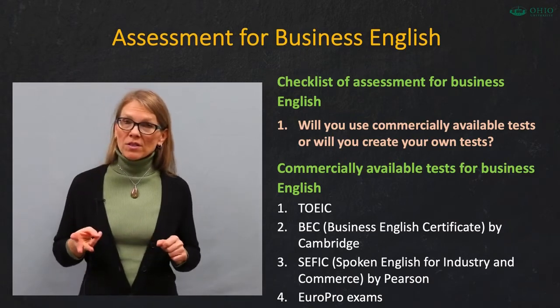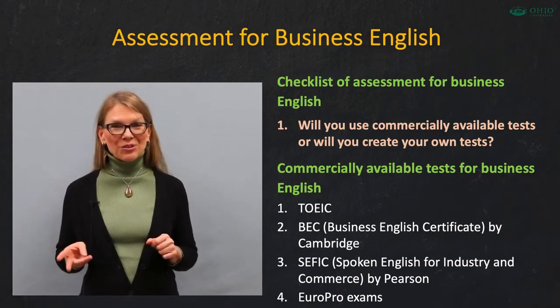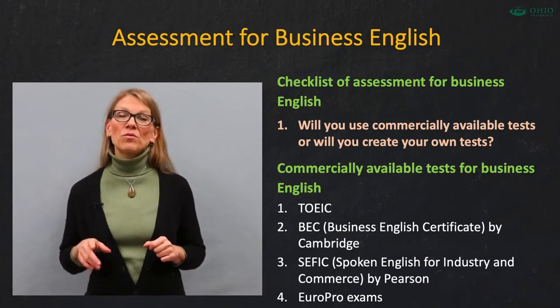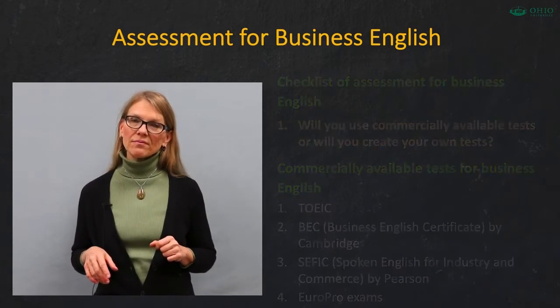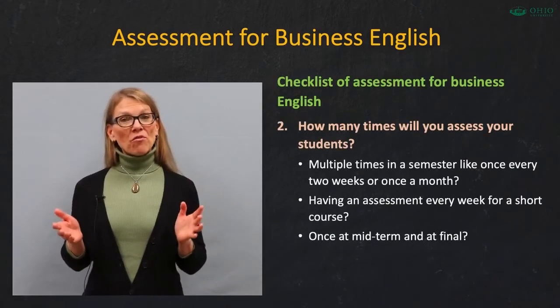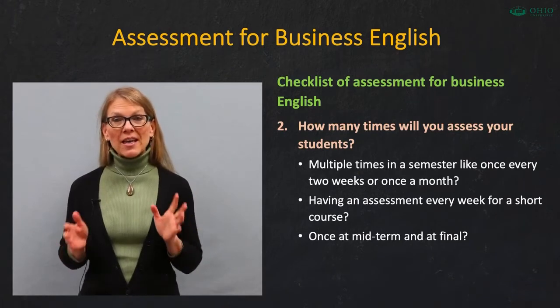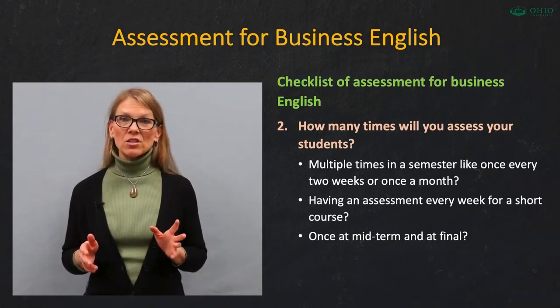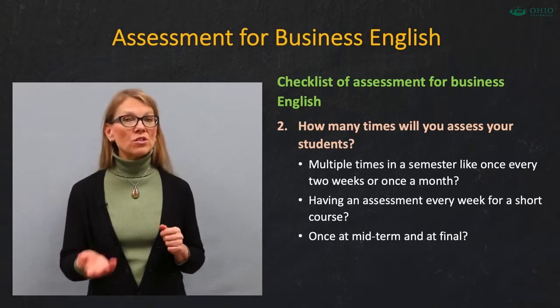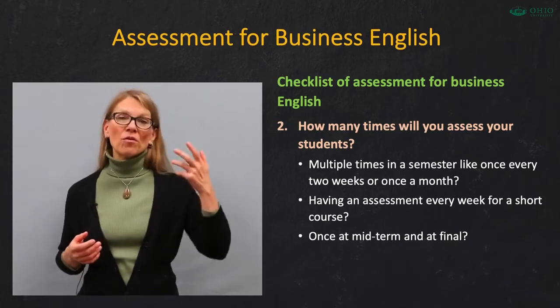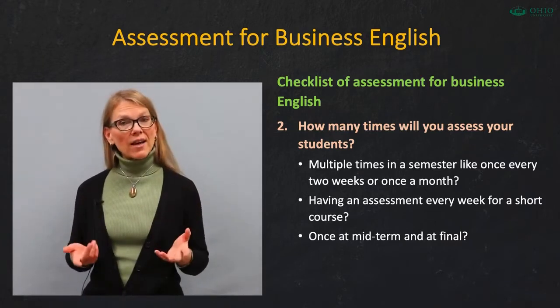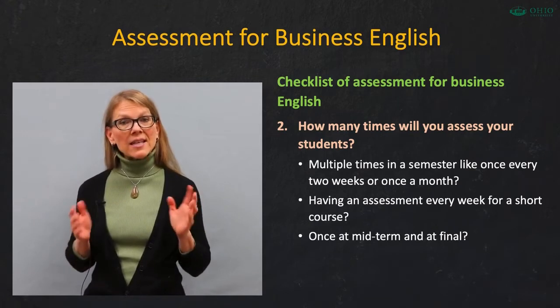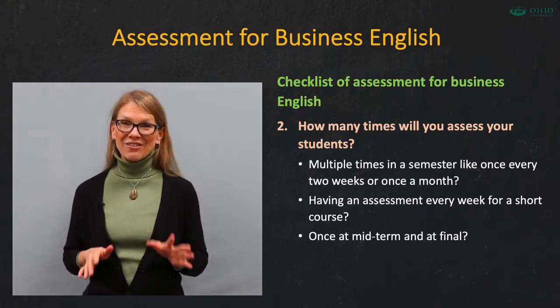There are 3 levels, B1, B2, and C1, available for those exams. All right, so far we've talked about commercially available tests for business English that we can use to test your students' progress and their performance. If you decide to create your own tests, it's time for you to answer the next question.